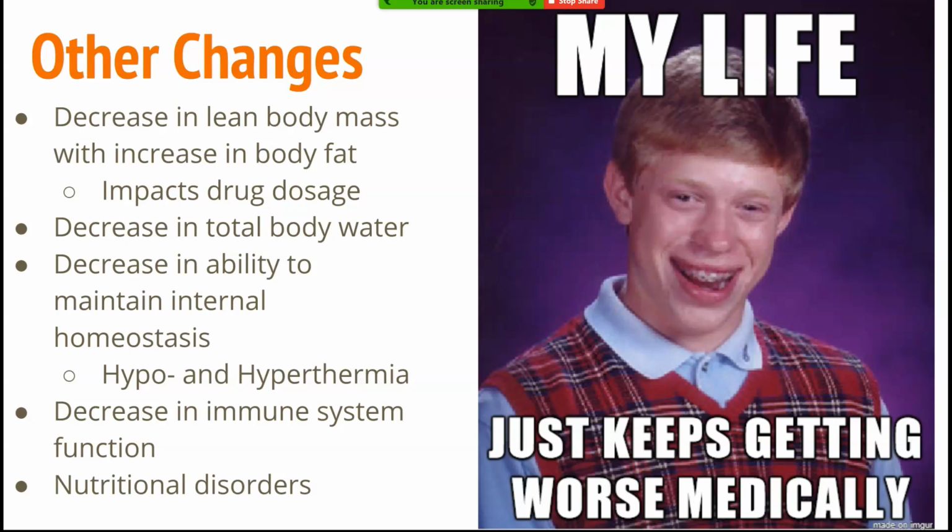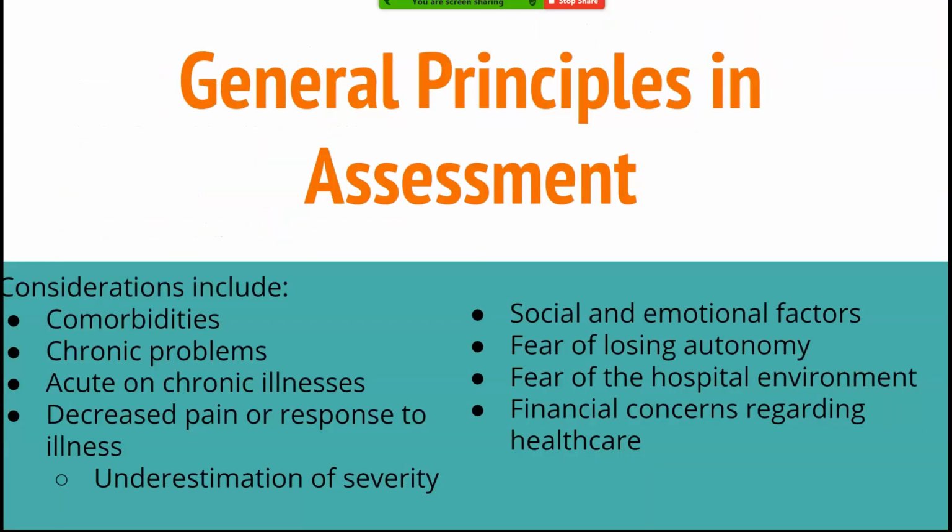And as you get older as well, you have a number of people who have nutritional issues because they're not absorbing vitamins and nutrients well, or they are unable to eat because of dentures or ill-fitting dentures that cause them pain or difficulty chewing. Okay, so they might just avoid eating overall. Or you have patients as well who have a limited income, right? So they might not be able to afford the food that they really do need.